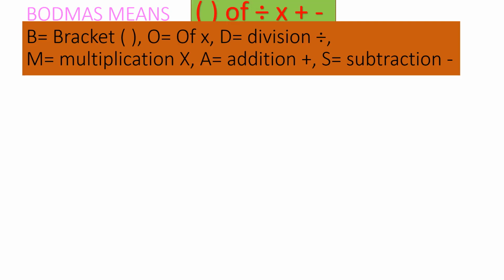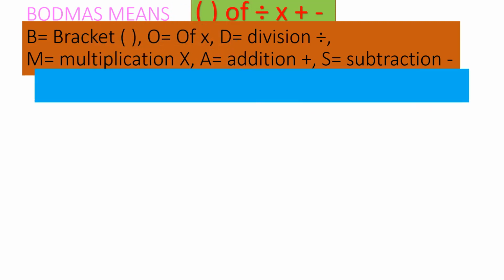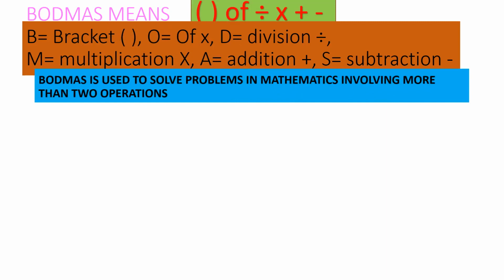And as I earlier said, if we are faced with a problem in mathematics that has addition, subtraction, multiplication at the same time, we must apply the rule of BODMAS, which says the first operation in BODMAS should be the first operation that we solve in that problem. So BODMAS is used to solve problems in mathematics involving more than two operations. Let us go ahead and see it now.